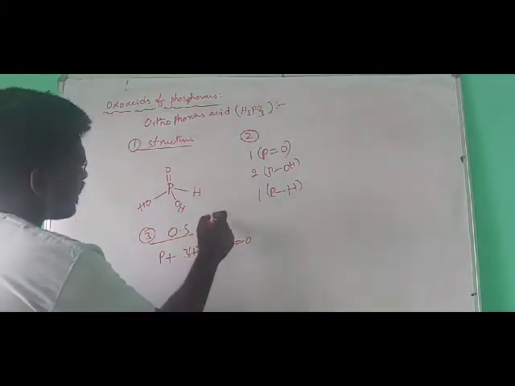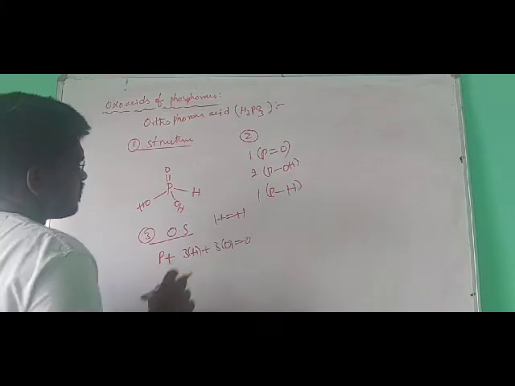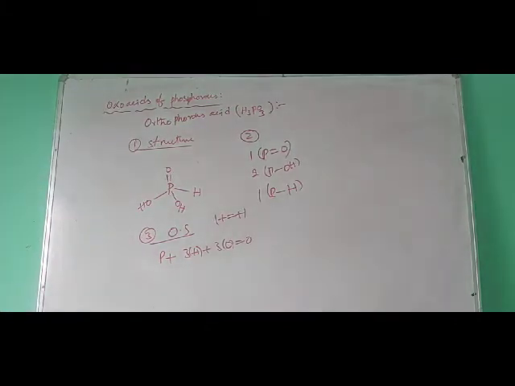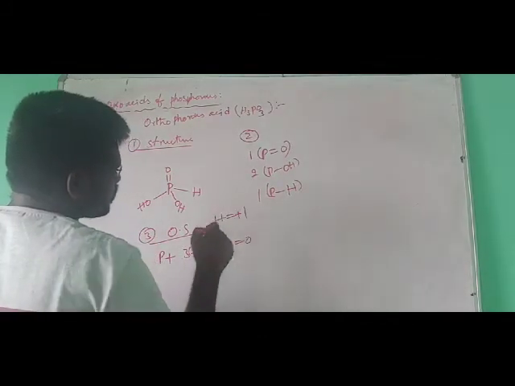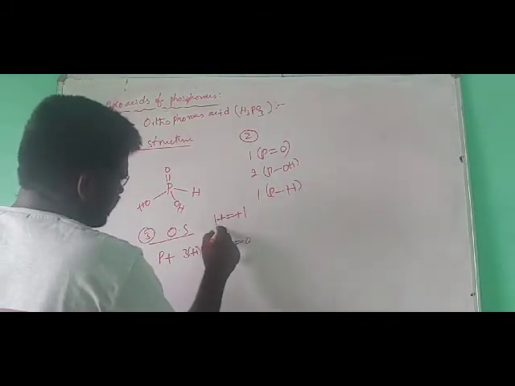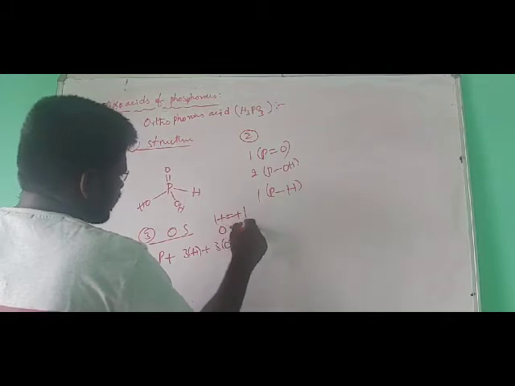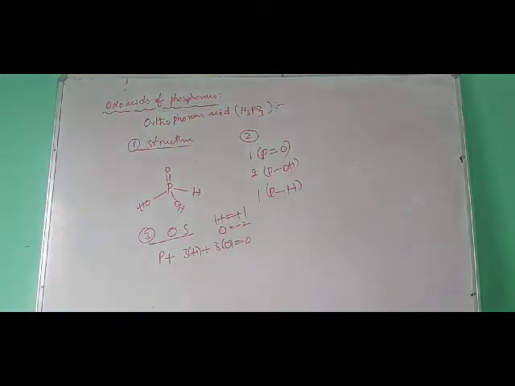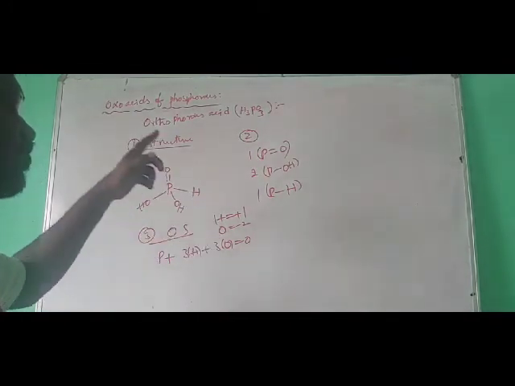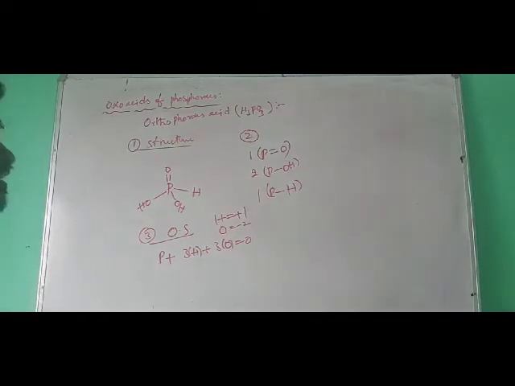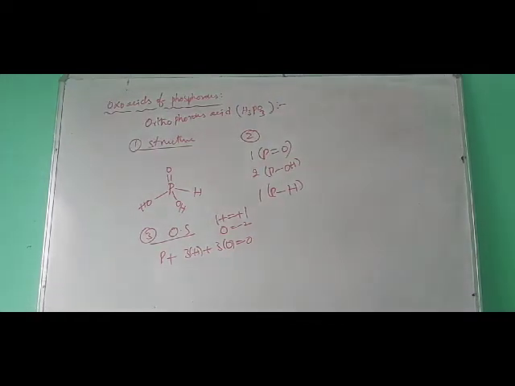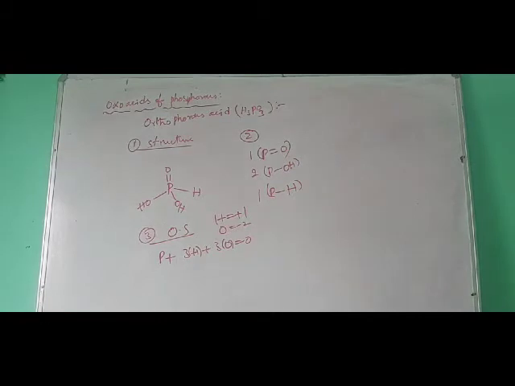Guys, except when it is combined with metals, when it is combined with non-metals, hydrogen always shows +1 oxidation state, and oxygen shows -2 oxidation state, except when it is combined with fluorine. Oxygen, when it is combined with fluorine, shows +2 oxidation state, and in the remaining cases, when it is combined with other elements other than fluorine, it shows -2 oxidation state.